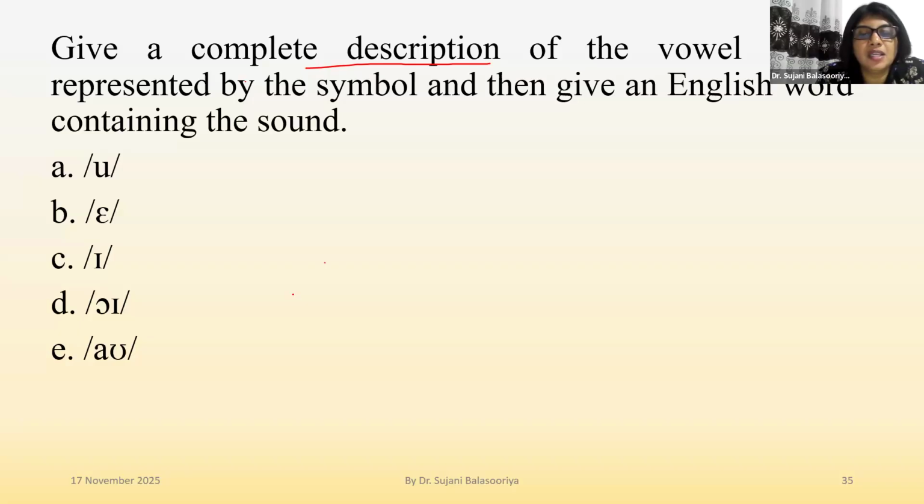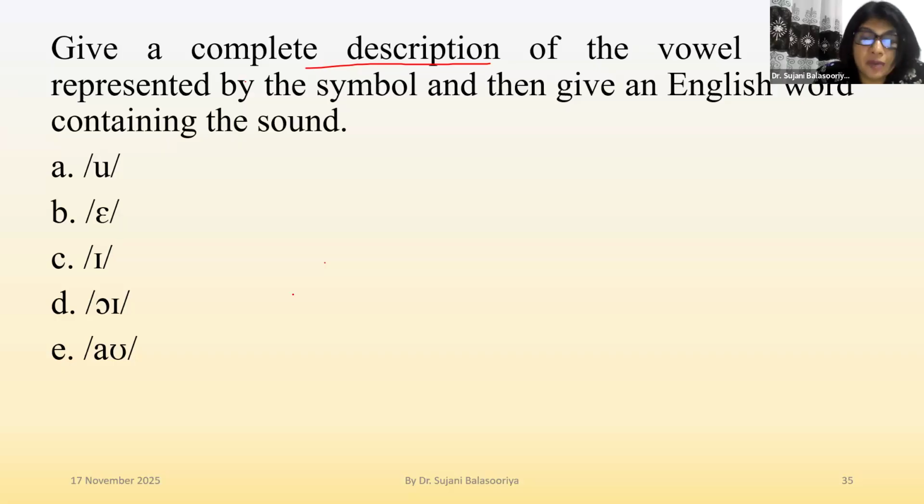Yes. E is the third one. High. Is it mid? High and front. That's correct. Not mid, close. Okay. E is a close vowel. And what about lip rounding? You have to write about that also.